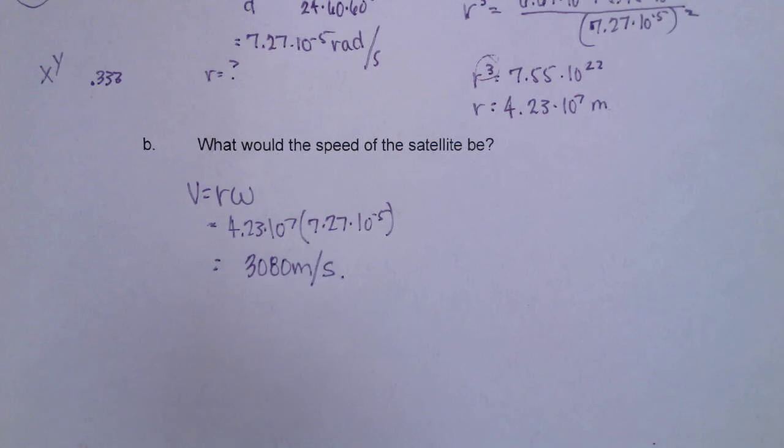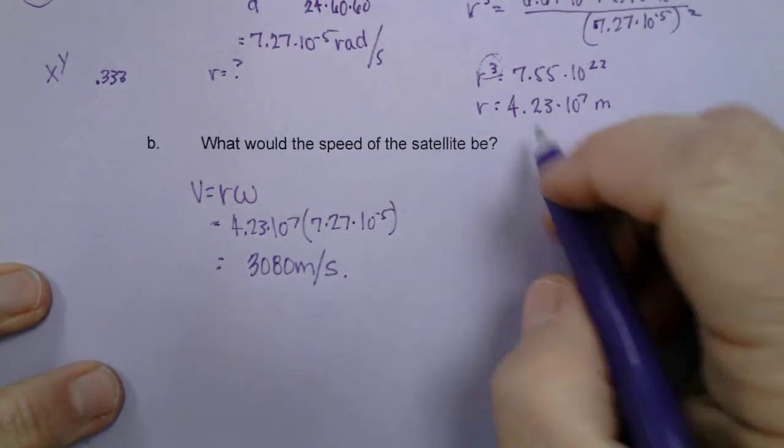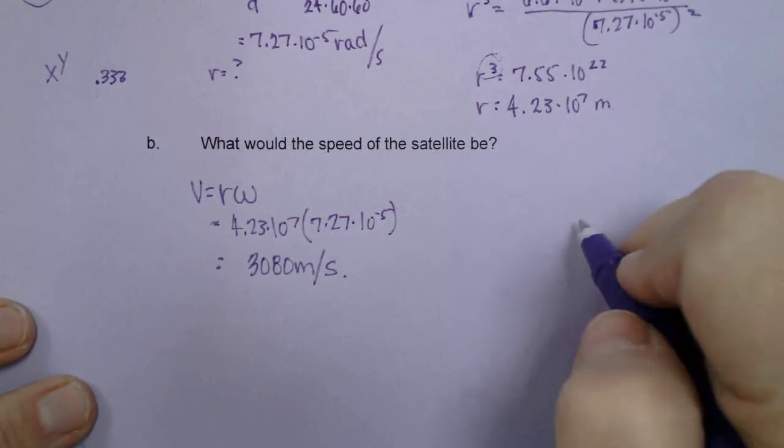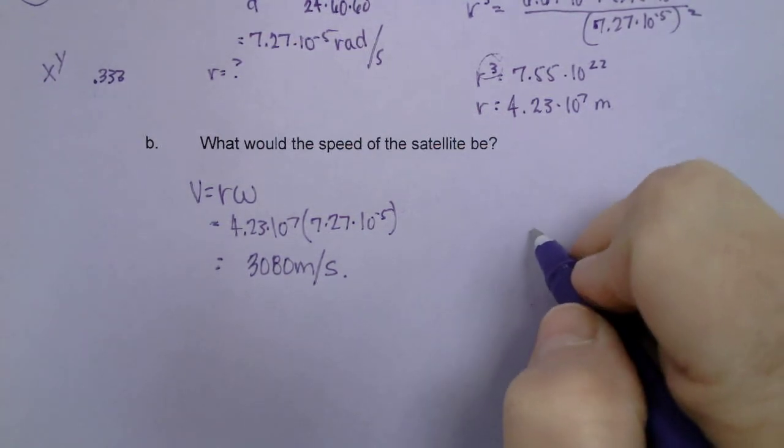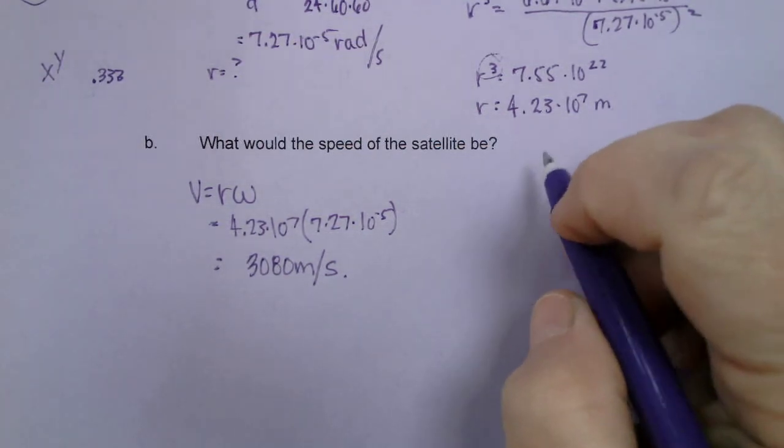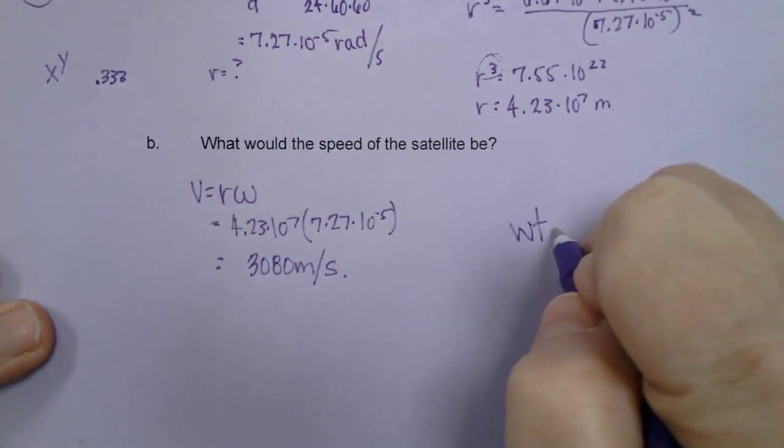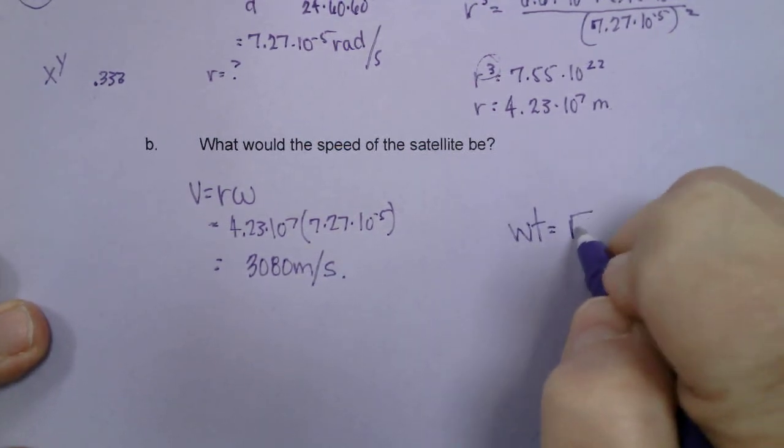All right, now it is also possible to associate weight with your gravitational pull, because your weight is the force of gravity on you. So if you have a problem in the homework that says, what would your weight be on Jupiter? Weight is equal to force of gravity.